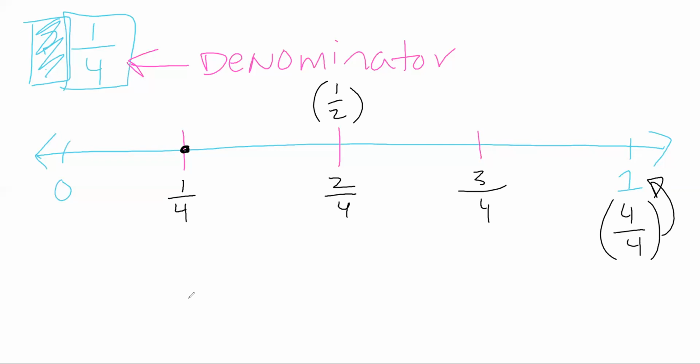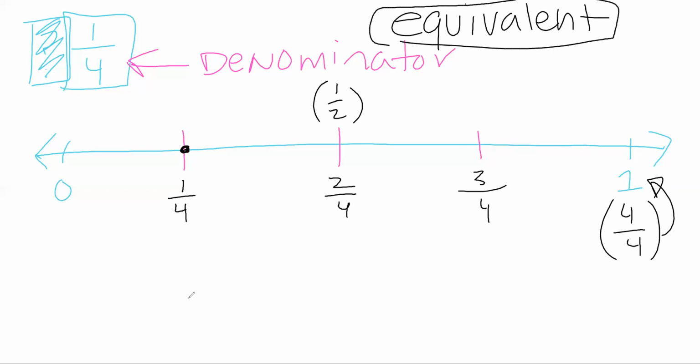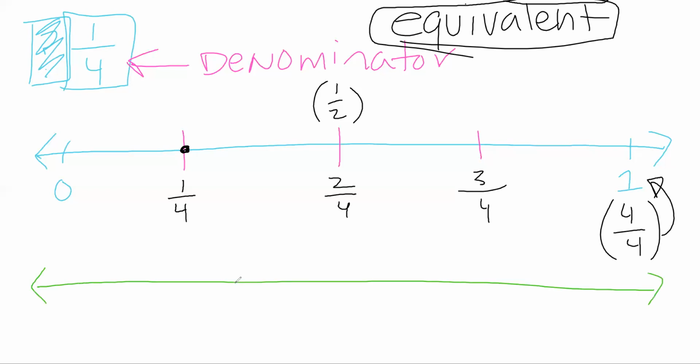Now remember, we're looking for an equivalent fraction. What's another fraction that would be the same thing as 1/4 on the number line? To do that, I'm going to create a second number line and copy that exactly, using these lines already to help me do the exact same model.